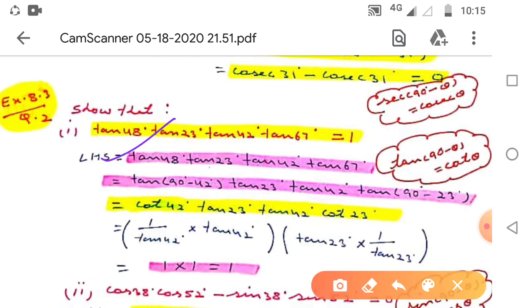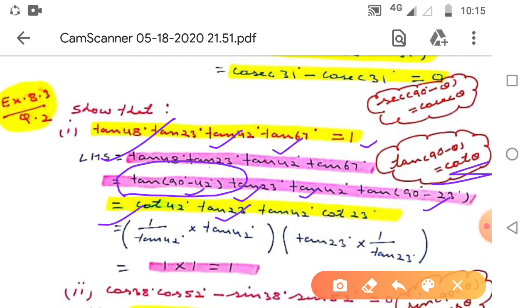So instead of tan 48, we write tan 90 minus 42, tan 23 as tan 23, tan 42 as tan 42, but tan 67 can be written as tan 90 minus 23. Clear? And finally we get tan 90 minus 42. Tan 90 minus theta is cot theta, so it becomes cot 42.